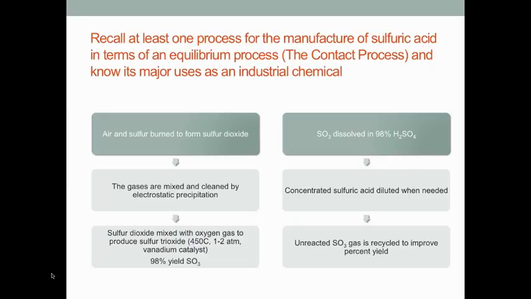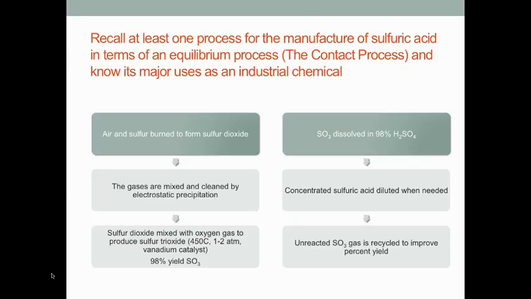We will show this process in this diagram, and then we'll show a short video afterwards to reinforce the contact process. First, air and sulfur is burned to form sulfur dioxide. These gases are mixed and cleaned by electrostatic precipitation. So we just have sulfur dioxide, no excess carbon.